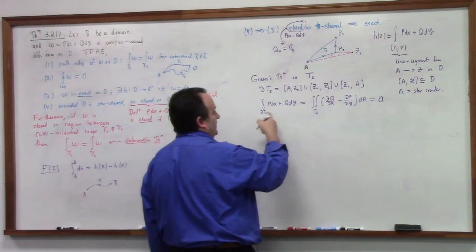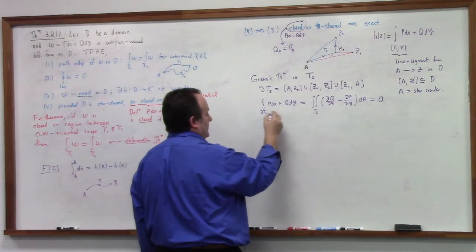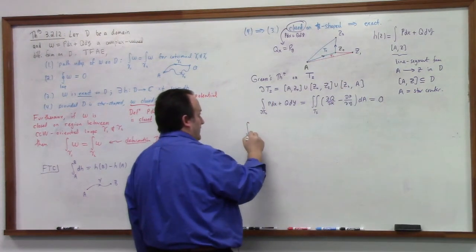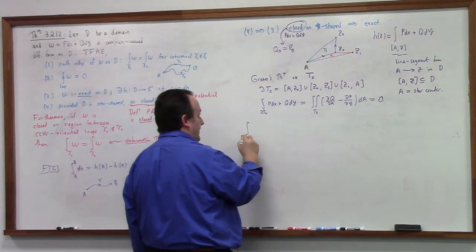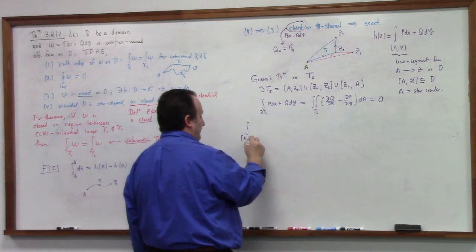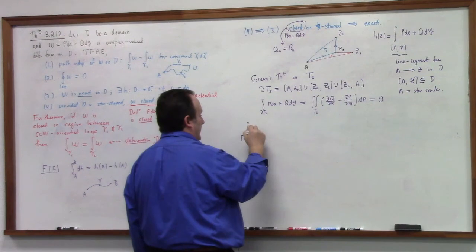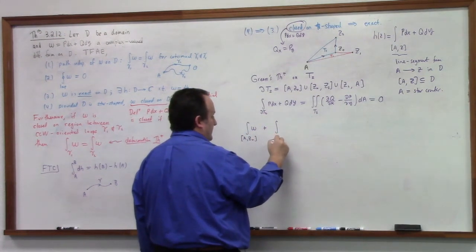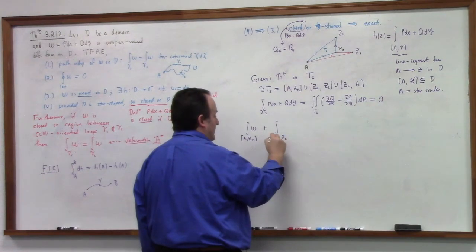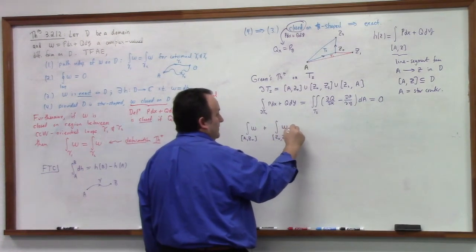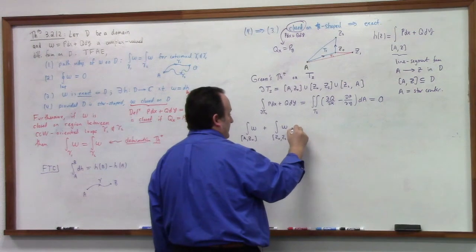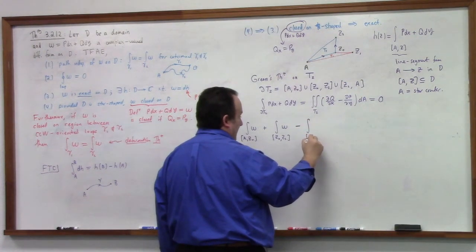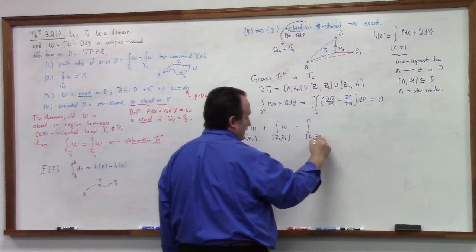But now the boundary of T2, again, it's this union. So we've got the integral over a to z naught of omega, plus the integral from z naught to z2 of omega, and then we can do minus the integral from a to z2 of omega.